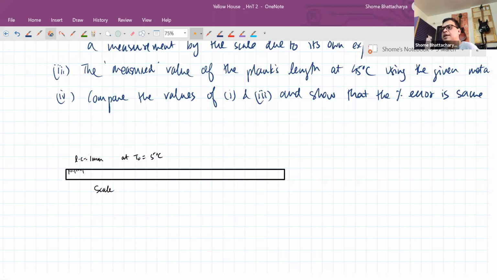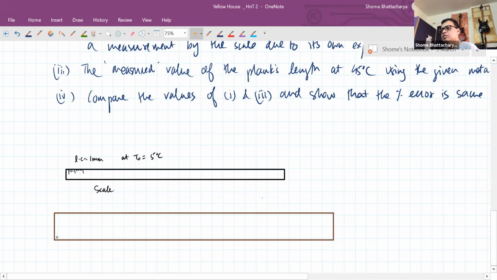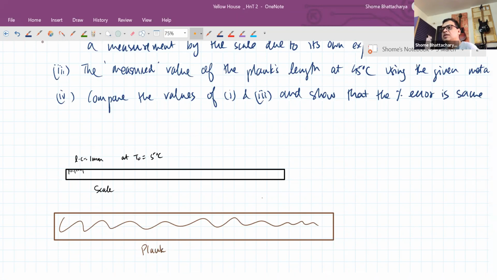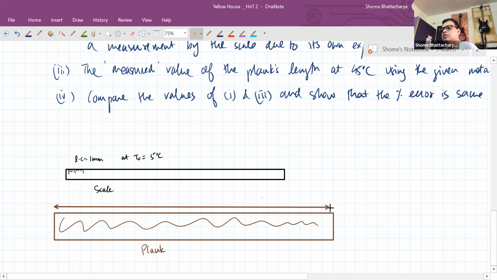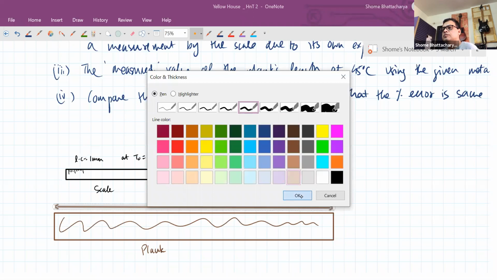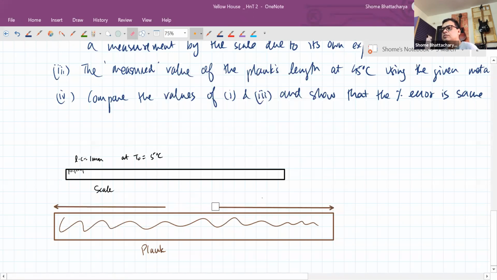And then we have our wooden plank, whose length we are measuring, and that length comes out to be, let's say, L naught.